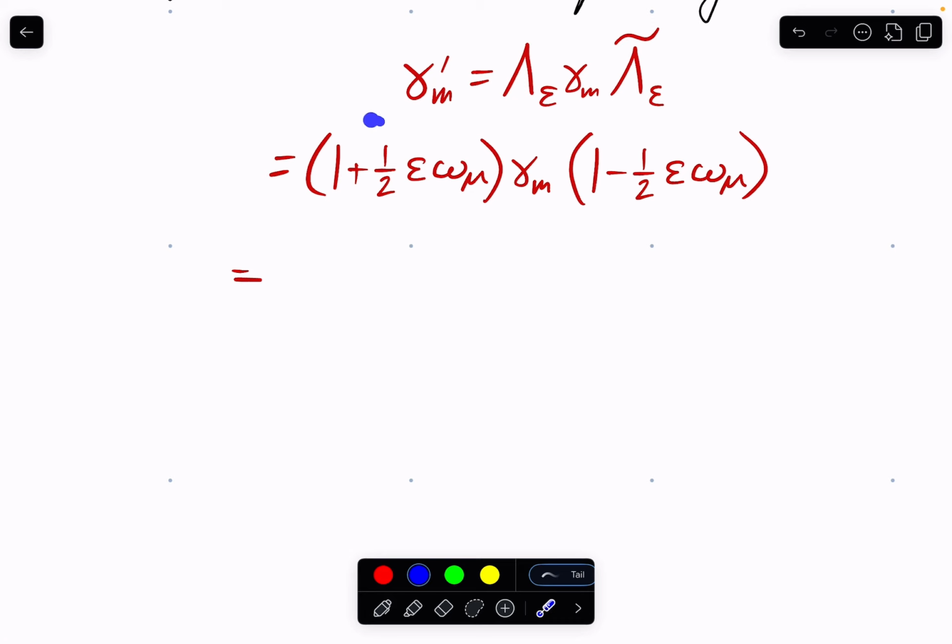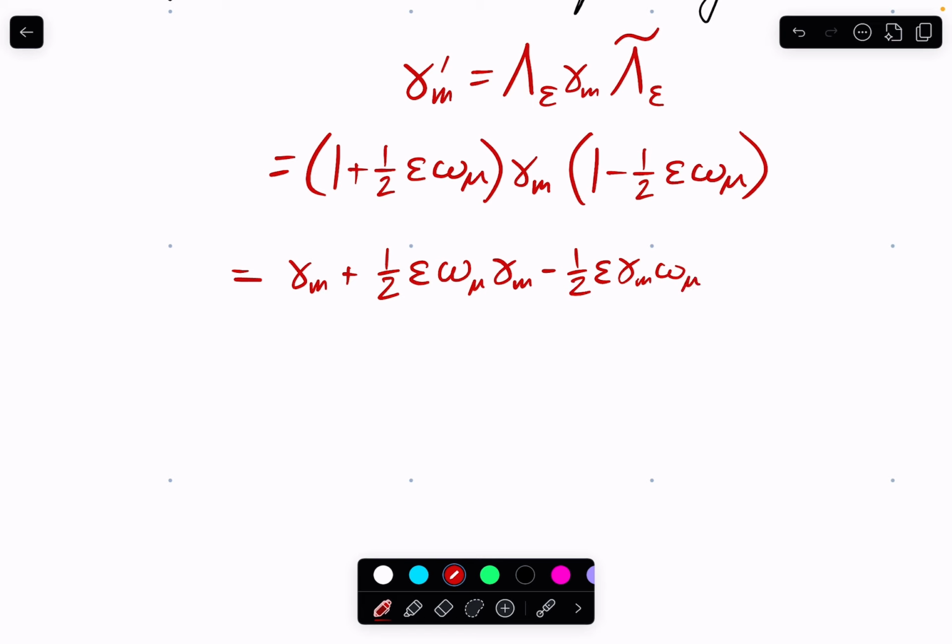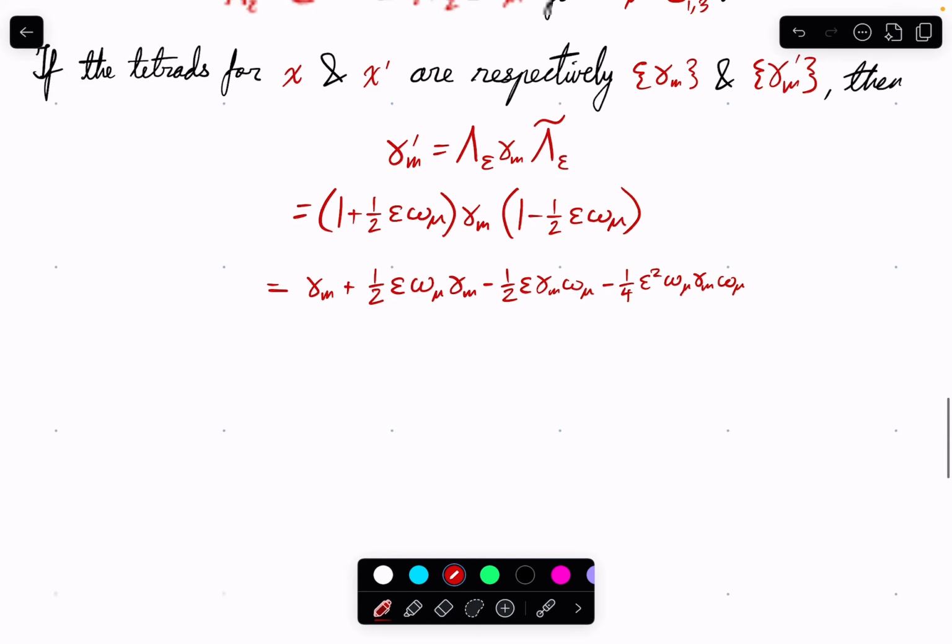But I'm going to go directly to the fully expanded form and then simplify from there. So we get gamma m plus 1/2 epsilon omega mu gamma m, minus 1/2 epsilon gamma m omega mu, then minus 1/4 epsilon squared omega mu gamma m omega mu.